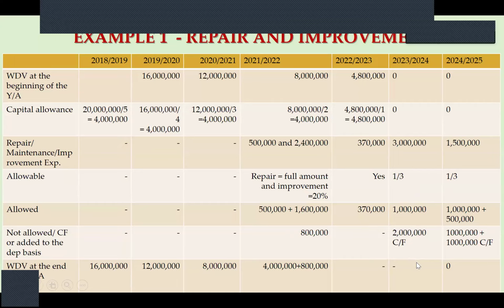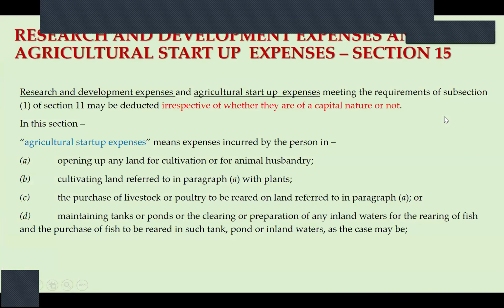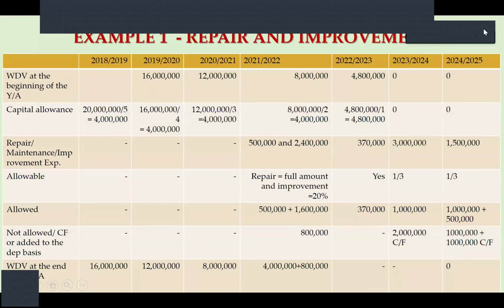Another 2 million can be carried forward. In the next year also, again we have an improvement expenditure. 1/3 of the amount can be allowed as a deduction, so 1/3 plus the previous period, and all can be carried forward. So this is the calculation.